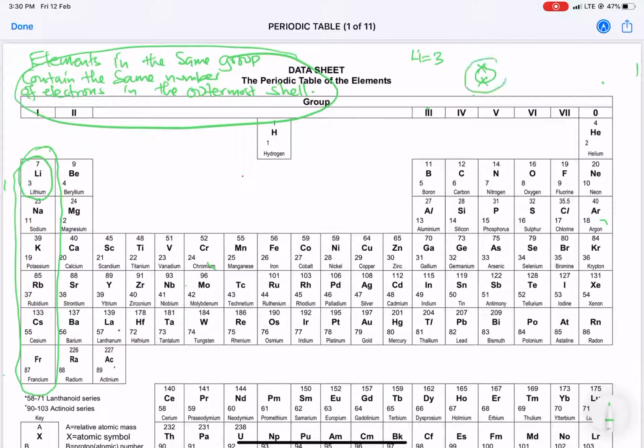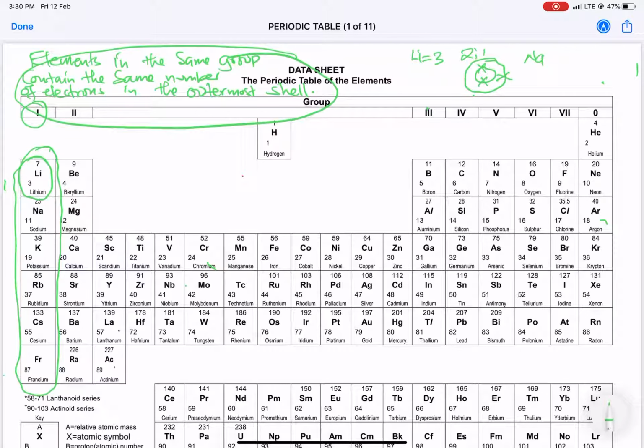Then the last shell to reach 3 will remain with 1. So lithium has got 1 electron in the outermost shell. Hence it is found in group 1. So all the elements in group 1 have got 1 electron in the outermost shell. So lithium, we have 2, then 1 outside.